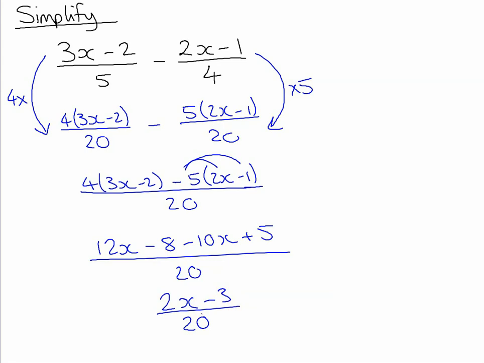So let me show you what people do differently here. The first one, a lot of people say, just times that by 4. So they go, right, 12x minus 8 over 20. And we times this one by 5, so they go 10x minus 5 over 20. Now, that's fine, but what they do is 12x take away 10x, which they get right, but then they do minus 8 minus 5.